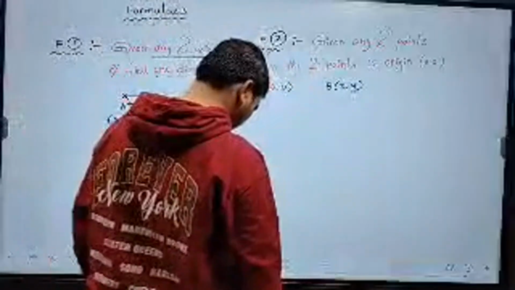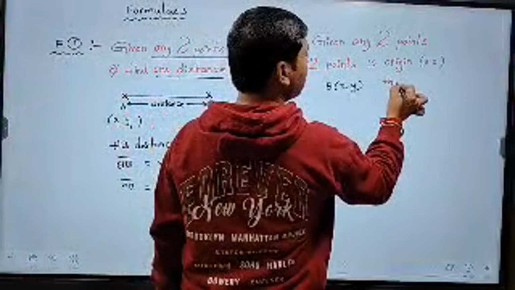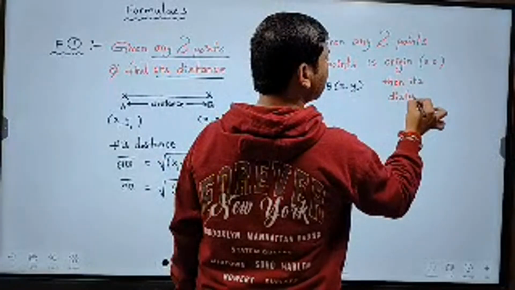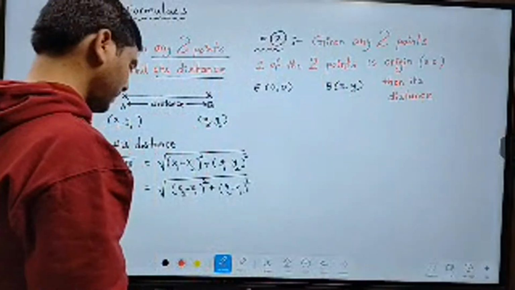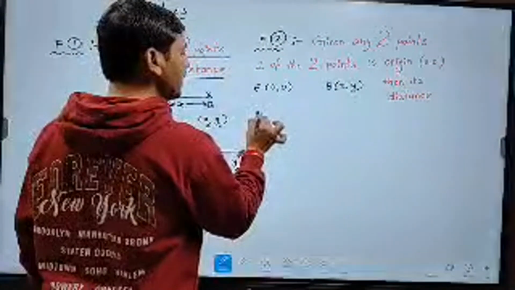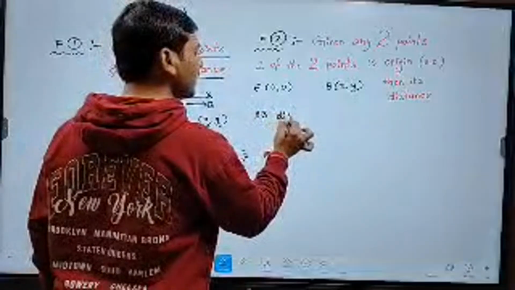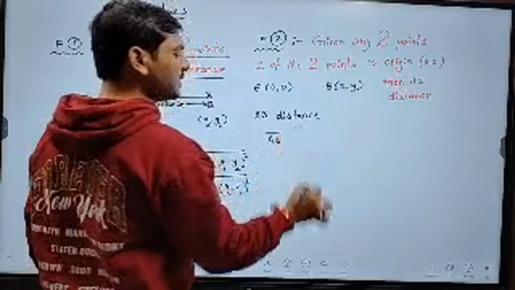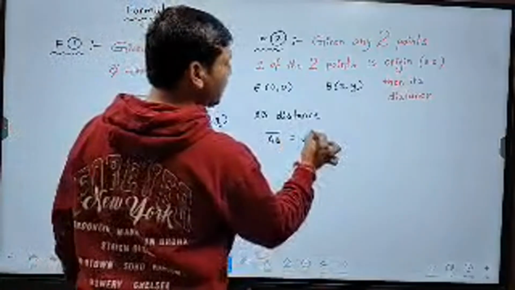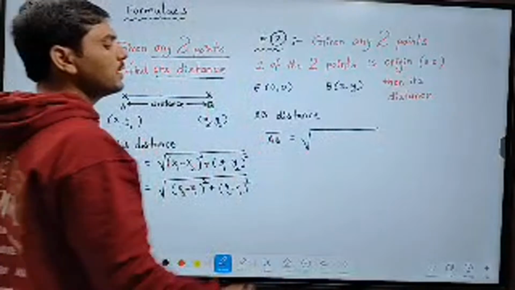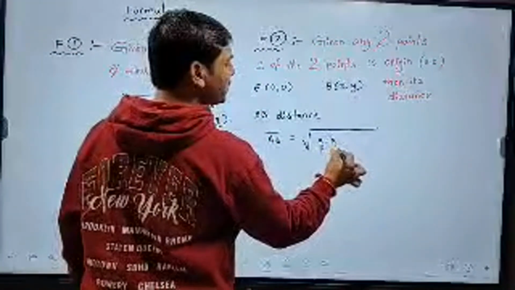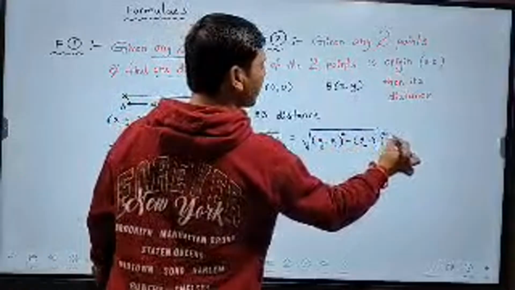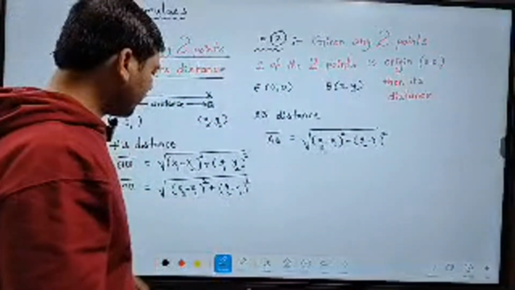Now for these 2 points, I want the distance again. The formula is AB distance equal to the square root of (x2 minus x1) whole square plus (y2 minus y1) whole square.